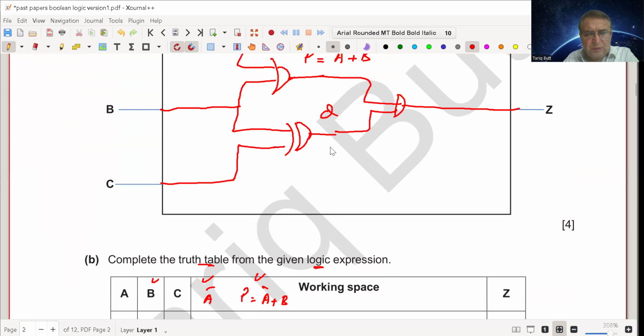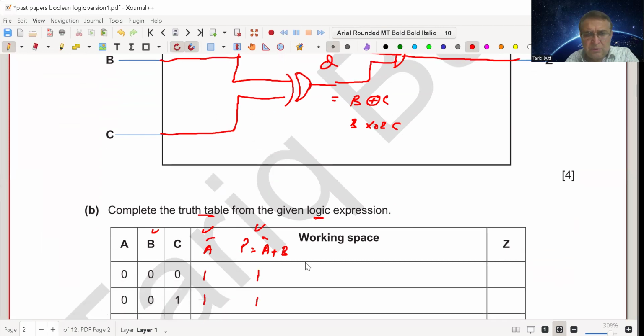Similarly, Q is B XOR C. You can use this symbol for XOR, or just write B XOR C as you like.